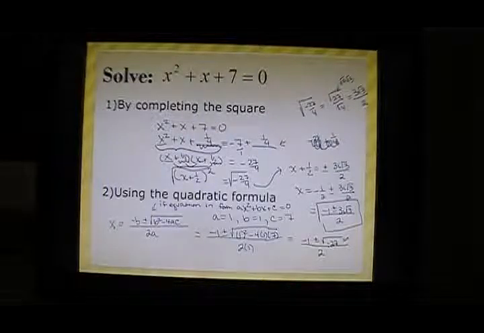Again, 27 is not a perfect square, but it is divisible by the perfect square 9. So we have negative 1 plus or minus, so the square root of positive 27 would be 3 root 3. The square root of negative 27 is 3i root 3 because the square root of negative 1 is i, all over 2.